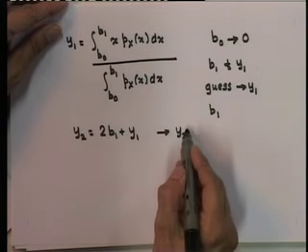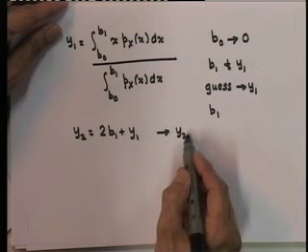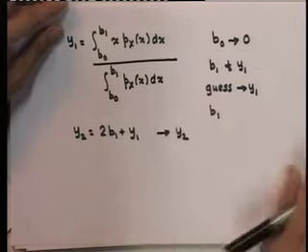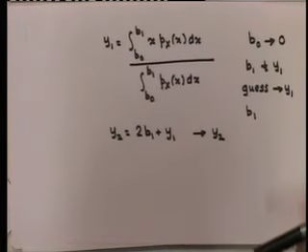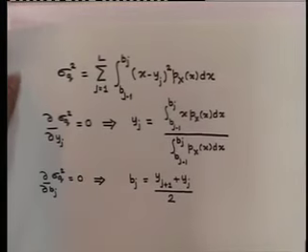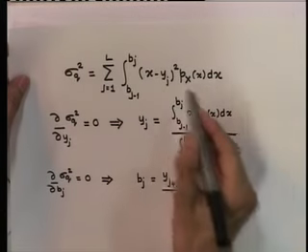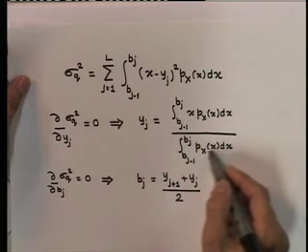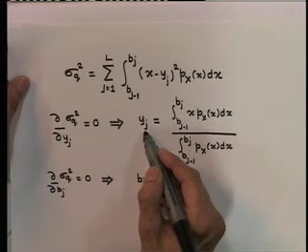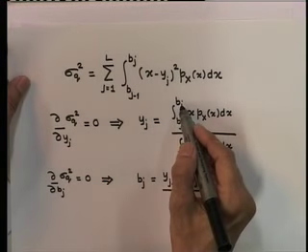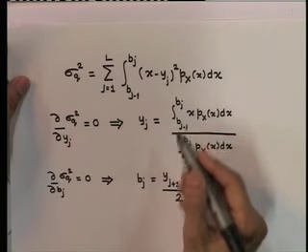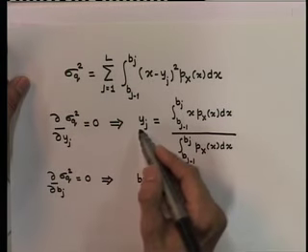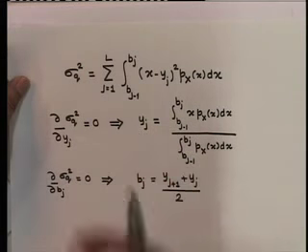Now, this value of y_2 can be used in this equation with j equal to 2 to find b_2, which in turn can be used to find y_3.